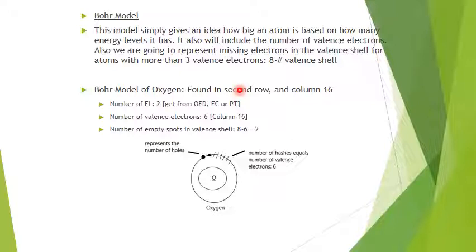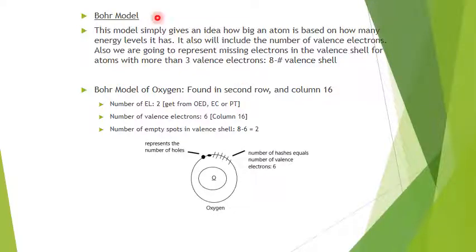And then we could do the same thing with electronic configuration. But what we just went over at the end of the last PowerPoint is you can figure out the energy level by what row it's in and how many valence electrons it has by what column it's in.